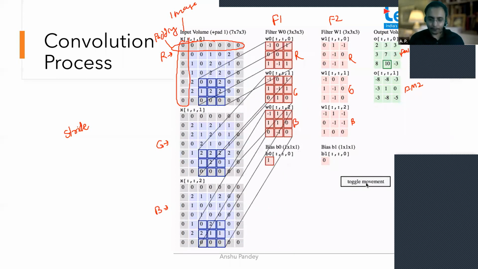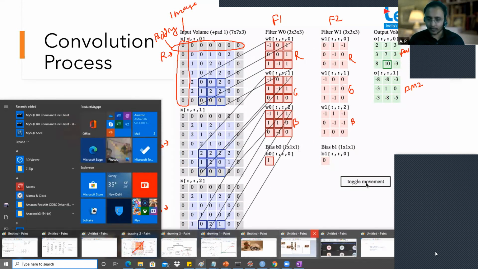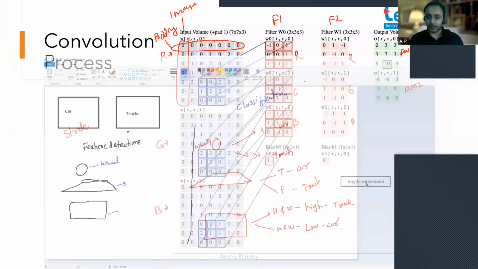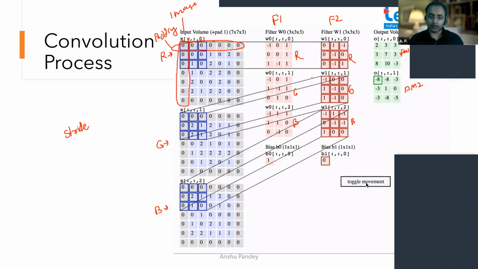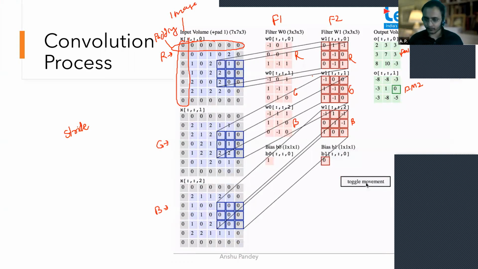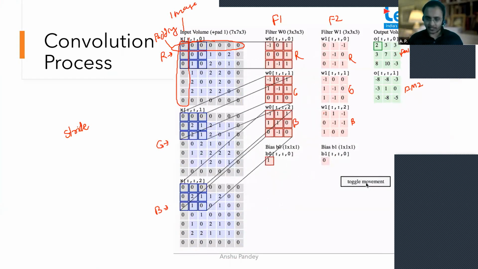So when you train the neural network with pictures of trucks and cars, the filters initially will be random values, but at the end of training, one filter may recognize a wheel, another filter may remember the pattern of this slant architecture, another filter may remember a pattern like this. So different filters will learn different features. Initially you have to initialize the values of the filter randomly, because you don't know those features. I hope that answers your question, Tushar.